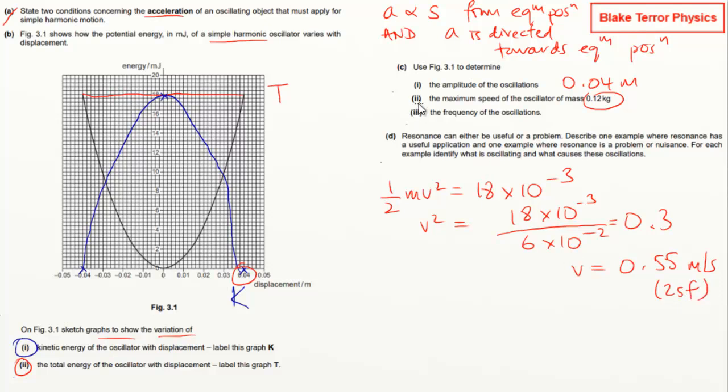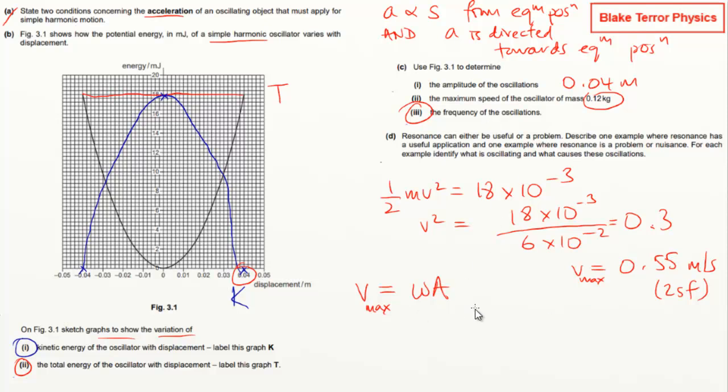Now we need to get the frequency of the oscillation, so a little bit more involved. We went through all this in the previous discussion videos on how simple harmonic motion works, and you may recall from that we found that v max is equal to omega A, where omega is the angular frequency. We just worked out v max here.